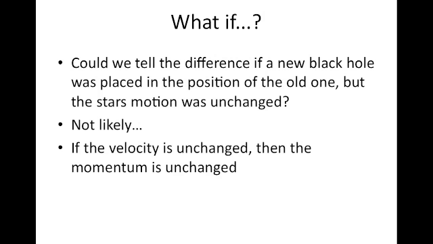Since these are unchanged, we'd be unable to determine that there was a different mass of this black hole. To be able to see a difference in the mass of the black hole and tell that it was changed, we would have to see some sort of change in velocity on the star. This is partially what makes calculating these black holes' masses so difficult, because they are all done through models.